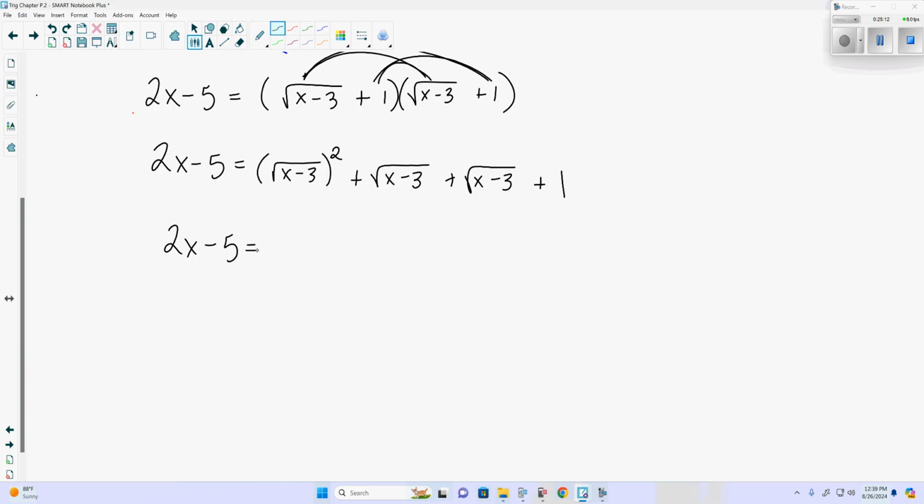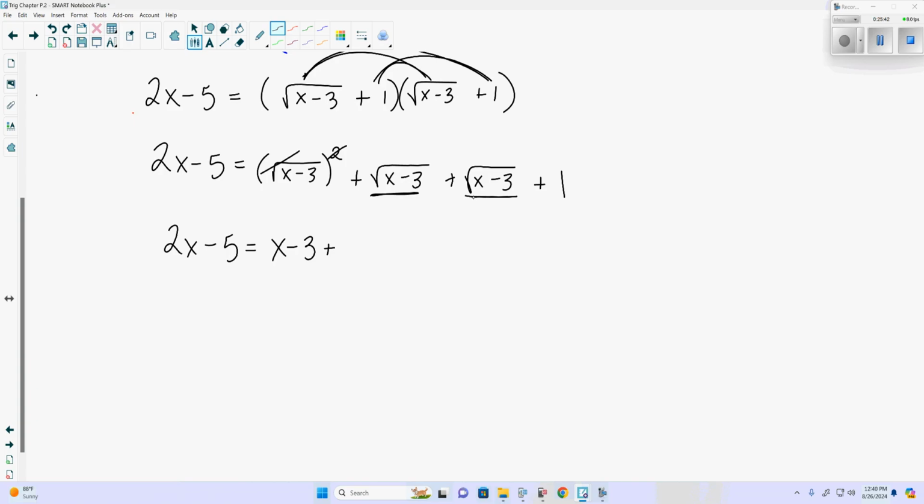Now, one of the nice things here is the square root of x minus 3 squared. Well, the square root and square will cancel, telling us that we have x minus 3 plus. Next part, we have the square root of x minus 3 plus the square root of x minus 3. Are those the same radical? How many of them do I have? 2.